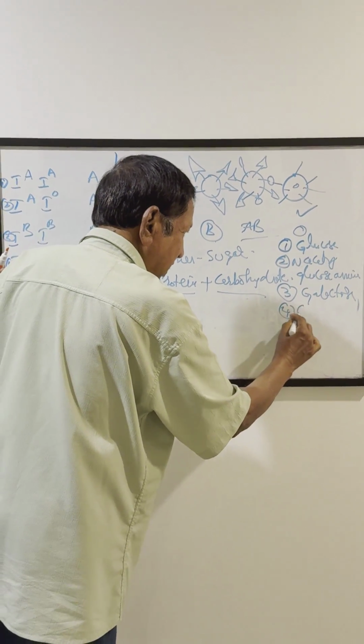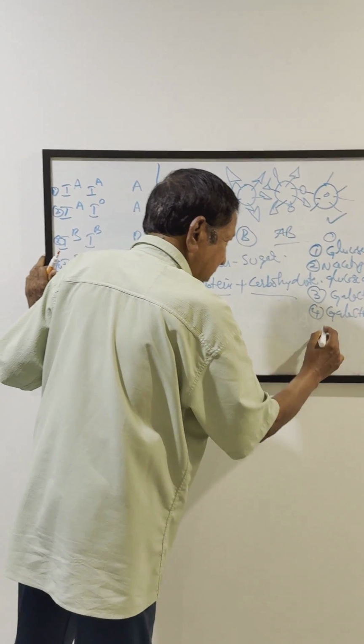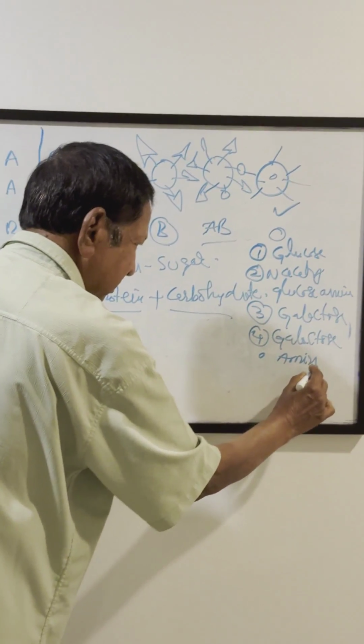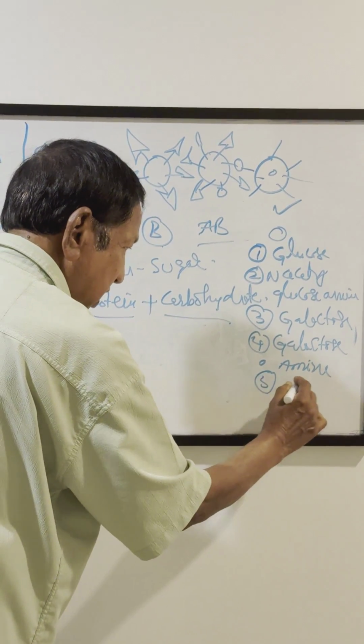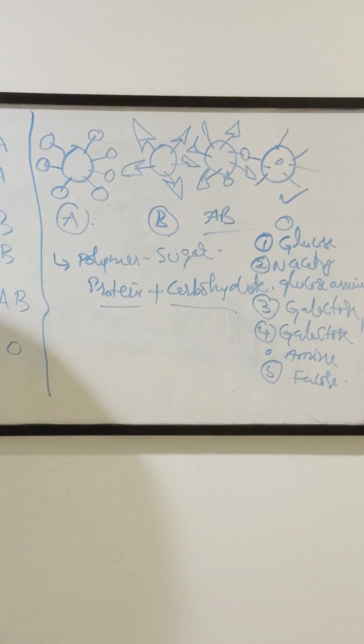The fourth one is N-acetyl galactosamine. The fifth one is fucose.